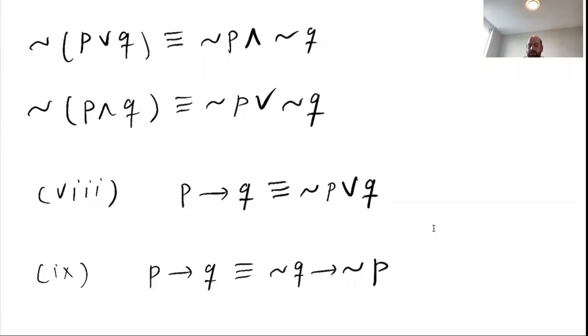Negation Q implies negation P is called the contrapositive of P implies Q, and they're always logically equivalent.